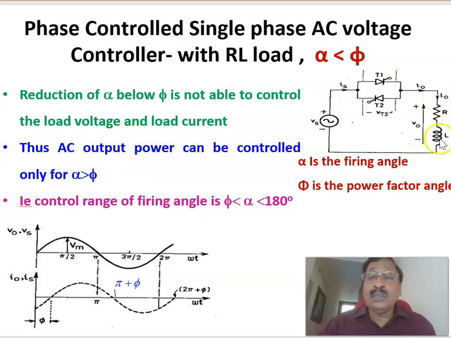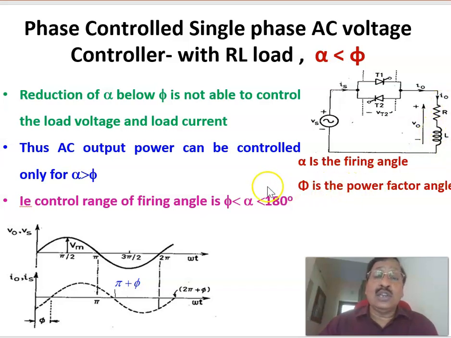Therefore, depending upon the power factor, you can select a firing angle which is more than the power factor angle. That is, the control is possible only for a firing angle more than the power factor angle. That is, the control range of the firing angle is between the power factor angle φ and 180 degrees. This is the only control range possible here. That is the case when an RL load is connected.